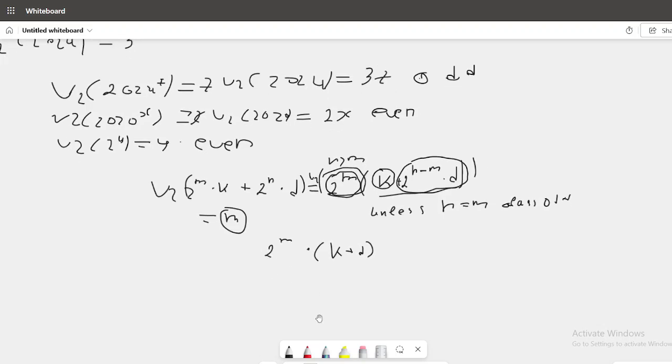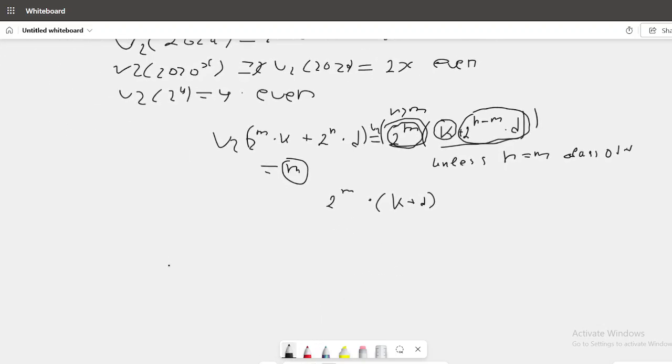So what we conclude from here is that v2 of 2020 to the power of x needs to be the same as v2 of 2 to the power of y. Or in other words, 2x needs to be equal to y. Right? Okay.